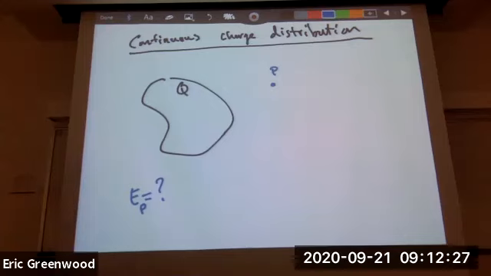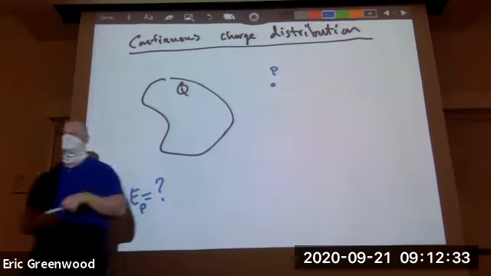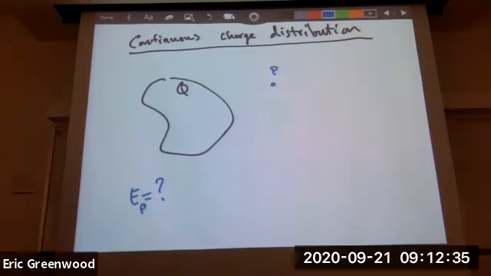Well, the way we would do this, as we talked about with forces, is we would simply start taking this thing and chopping it up into a whole bunch of small delta Qs. So I'm going to chop it up into a delta Q. Here's one delta Q, called delta Q1. Another one over here, called delta Q2. Another one over here, called delta Q3.